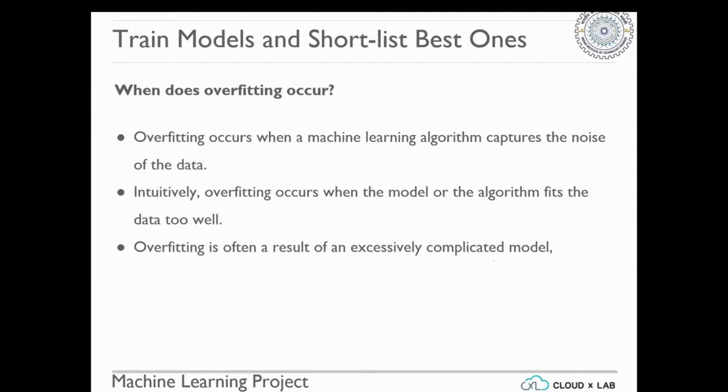If you want to capture a non-linear pattern, then we have to use a non-linear model. So a non-linear model is more complicated as compared to a linear model. So a highly complicated model can learn highly complicated patterns, and that may also result in an overfitting problem, right?